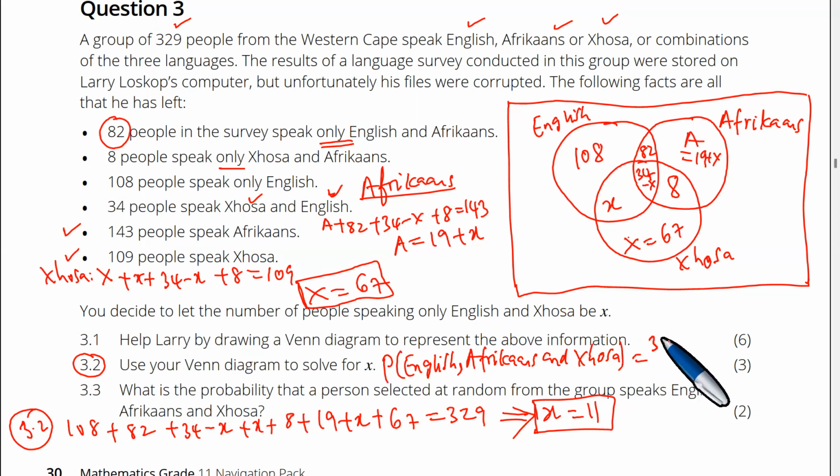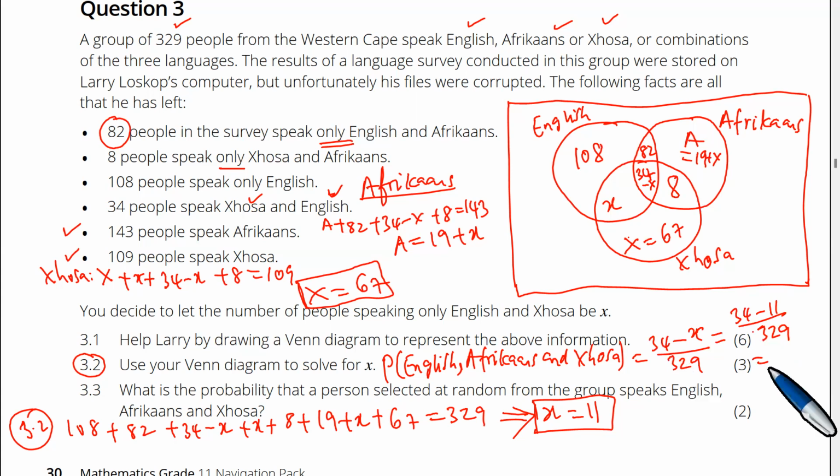So that's 34 minus x over 329, the total number of everything. We got x to be 11, so you put 34 minus 11 over 329.